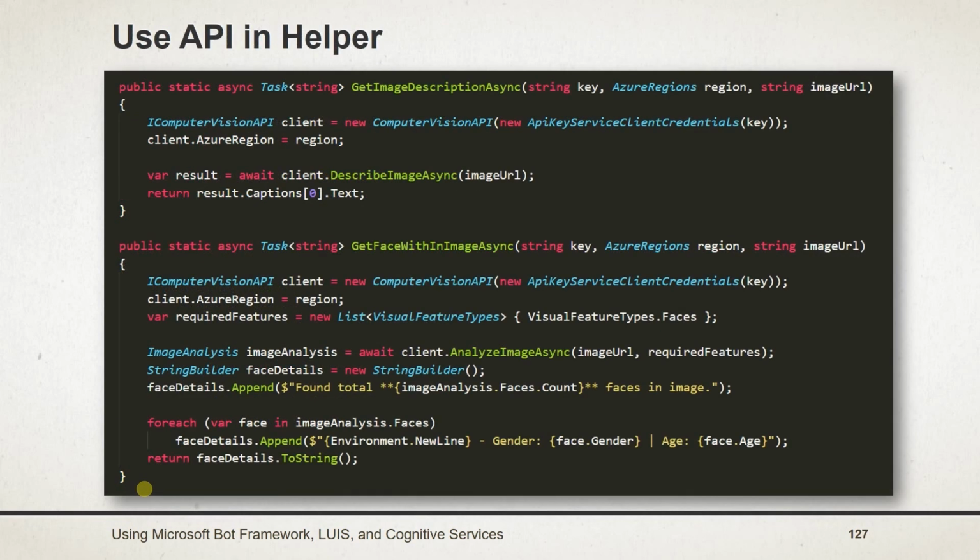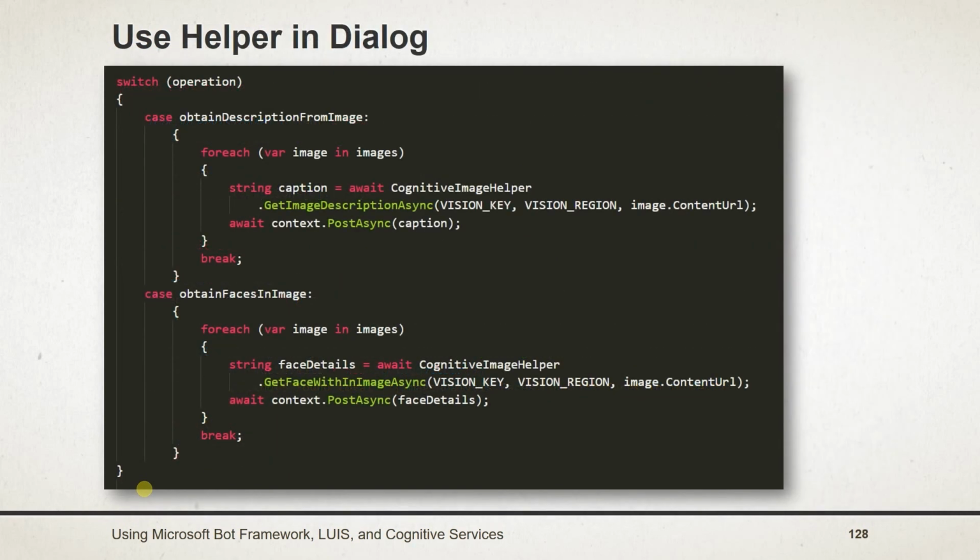In the helper, we used the DescribeImageAsync method to retrieve the description for an image and the AnalyzeImageAsync method to retrieve image analysis, in which we pass a list of visual feature types. Here we just retrieved faces. Then we used this helper in our dialog. We just need to pass the content URL for each attachment that the user uploads. In this session, we saw how to retrieve description and faces.